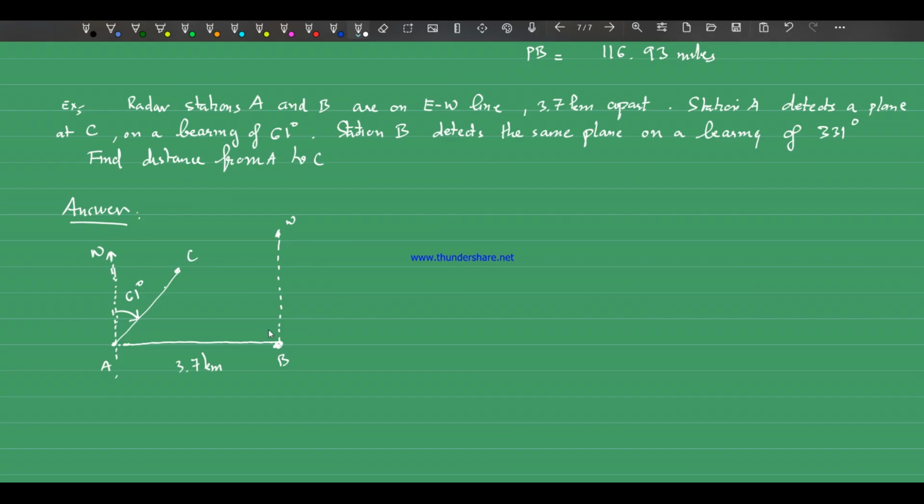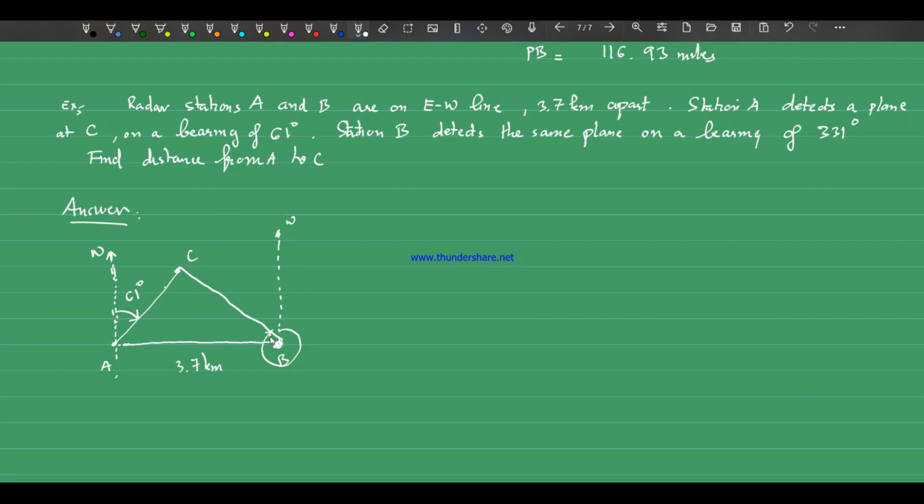Only 30 left, so it's going to be like this. My picture is not to scale, guys.